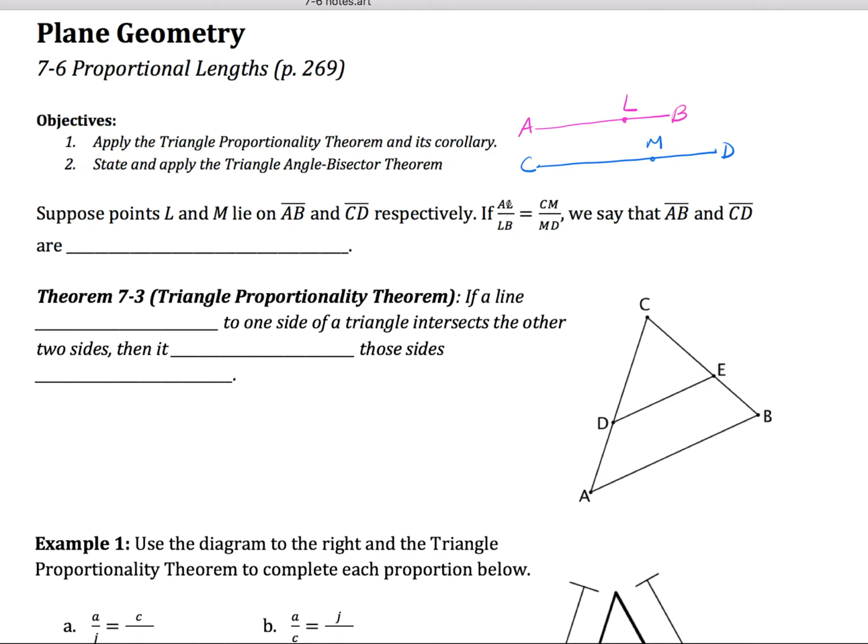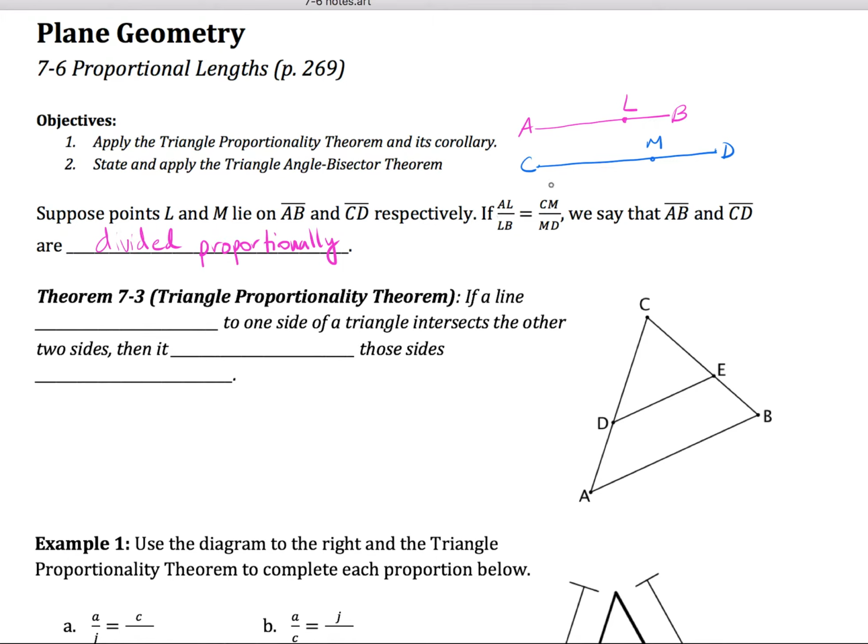And it says if AL over LB, so if the one part of the pink segment over the other part is equal to CM over MD, so a part of the blue segment over the other part of the blue segment, we can say that AB and CD are divided proportionally, because points L and M have divided segments AB and CD into two smaller segments.